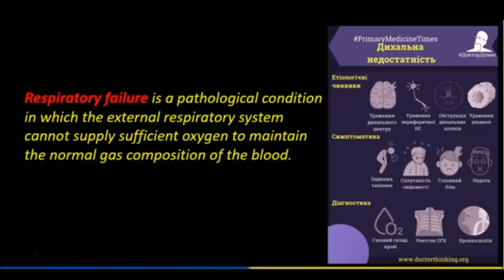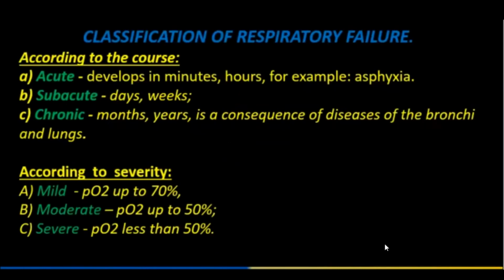Respiratory failure is a pathological condition in which the external respiratory system cannot supply sufficient oxygen to maintain the normal gas composition of the blood. Classification of respiratory failure according to the cause: acute, subacute, and chronic.